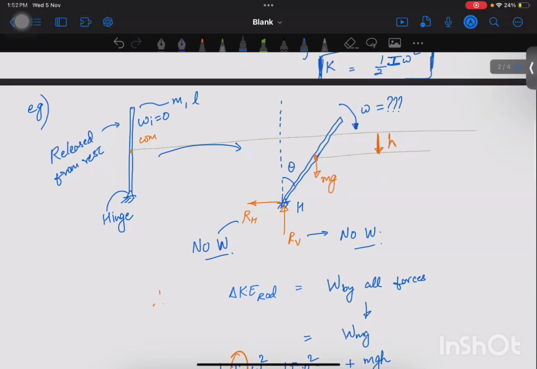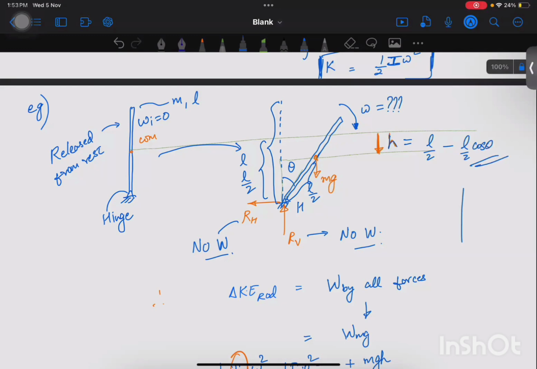So we notice that this distance over here is L, and this distance is L by 2, and this distance over here is also L by 2. So the h is equal to L by 2 minus the component of L by 2 this way. We notice that the L by 2 component this way is L by 2 cos of theta. So let us substitute h with this value.